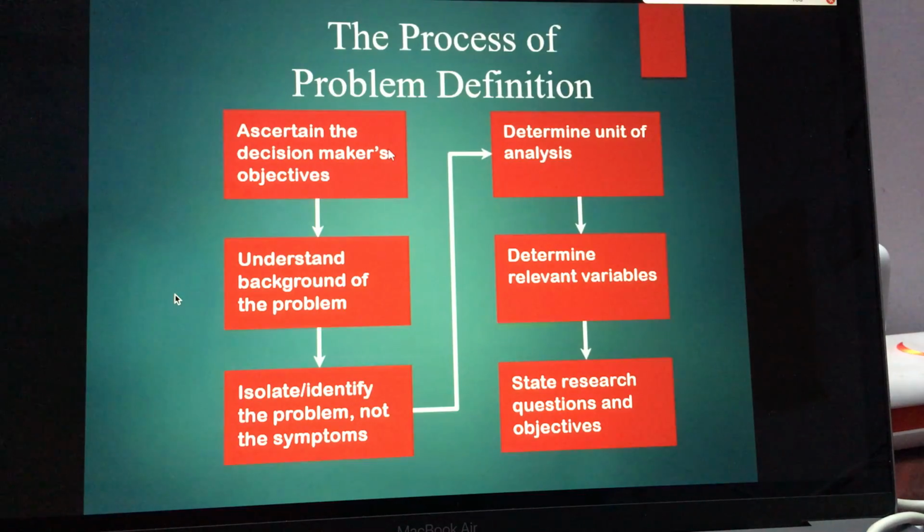All these things you should understand, right? And you should also know what customers think about the competing products. So basically our unit of analysis will be customers, right?